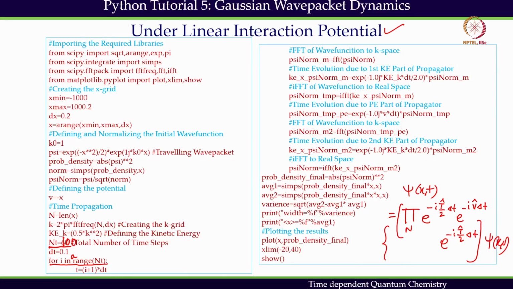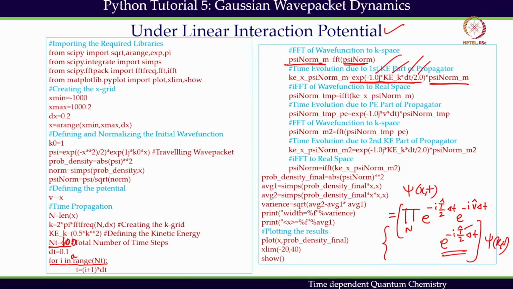This time, initially psi norm has been converted to its momentum domain. Once we have the momentum domain function, we carry out the first kinetic energy part of the split operator in the momentum domain, which is nothing but the kinetic energy T multiplied by half, that is 1 by 2, delta t, which is dt, and the i is represented by 1j.